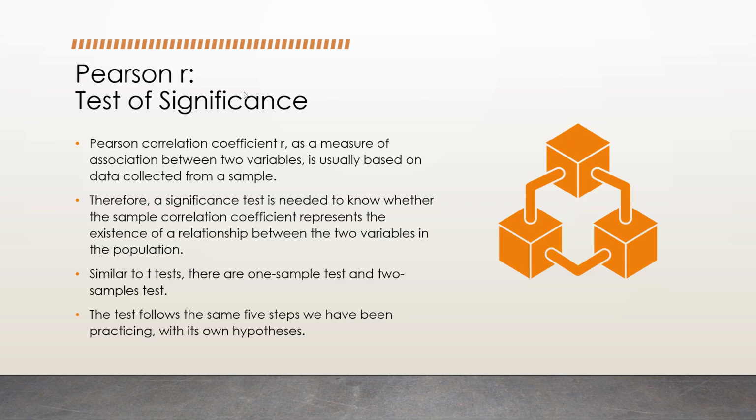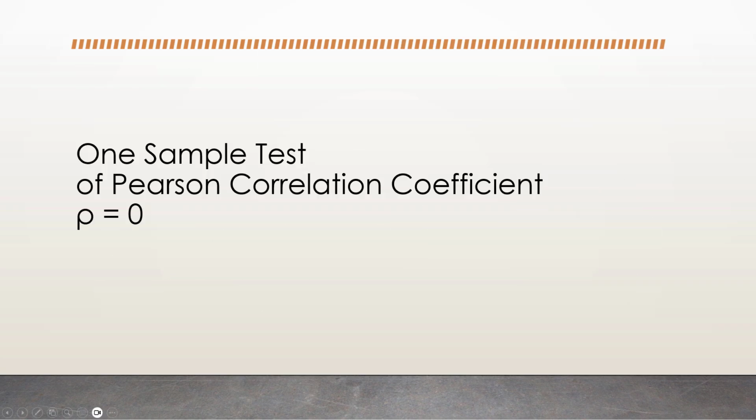If we measure the correlation between two variables from a sample, we need to verify whether the correlation R indeed indicates a real relationship in the population, or if it happened by random chance. Here, the tool we use is the one-sample test of Pearson correlation coefficient.